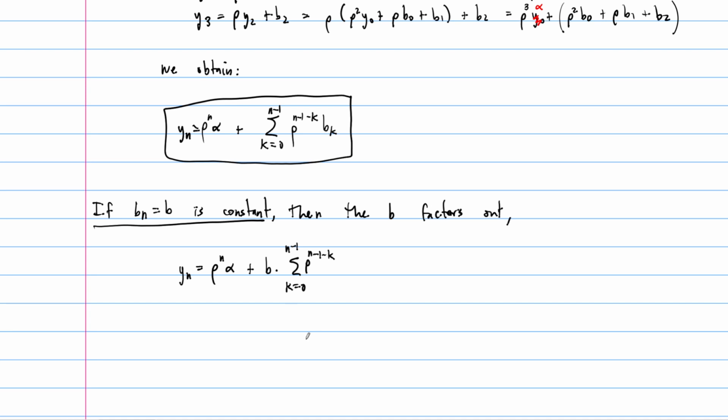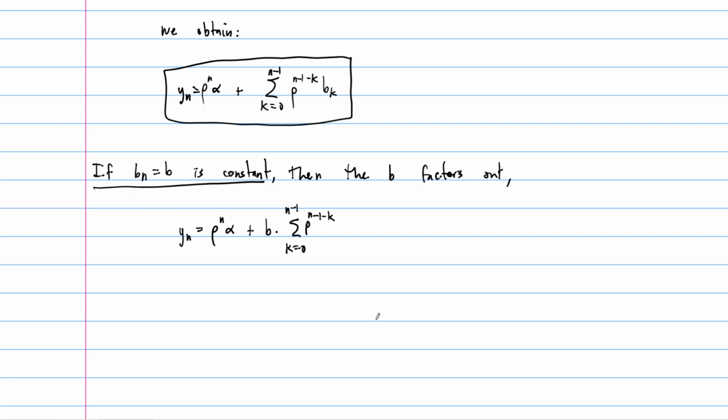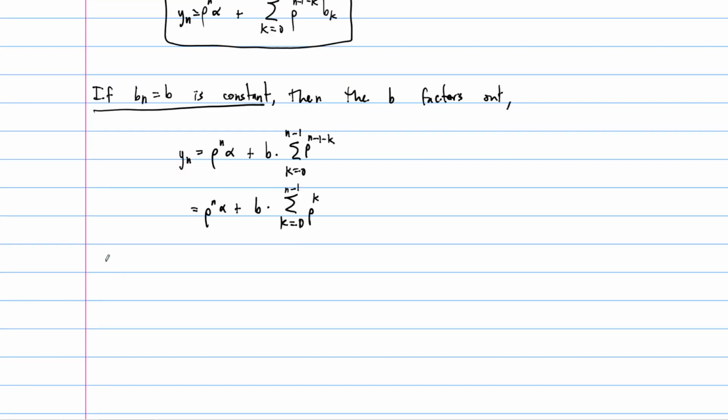And if you switch everything around, this is the same as rho to the nth power times alpha plus b times the sum, k goes from 0 to n minus 1. And we can write this then in the following way. So if rho is not equal to 1, then this is the sum. This is actually the partial sum.